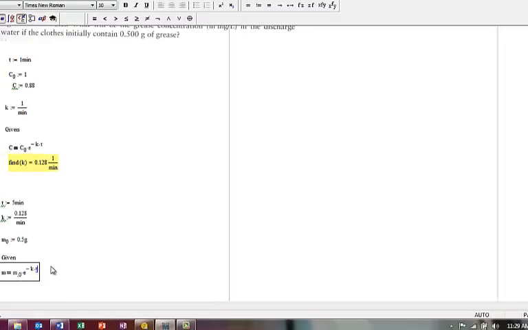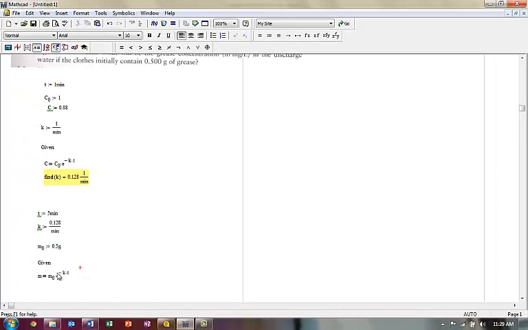Given, and we need an initial guess, but we'll get that next here. So let's solve for the mass of grease. So control equals M period 0 times, so our first order reaction equation, E caret minus K times t. Alright, so all that's defined. We got no errors that are in that equation. Let's go ahead and say m.